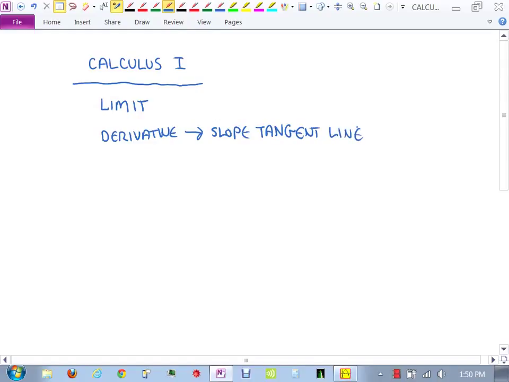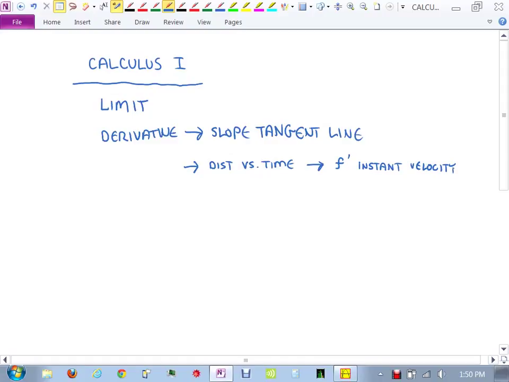And if we look at the derivative in terms of distance versus time, then the derivative was the instantaneous what? Instant velocity or speed.